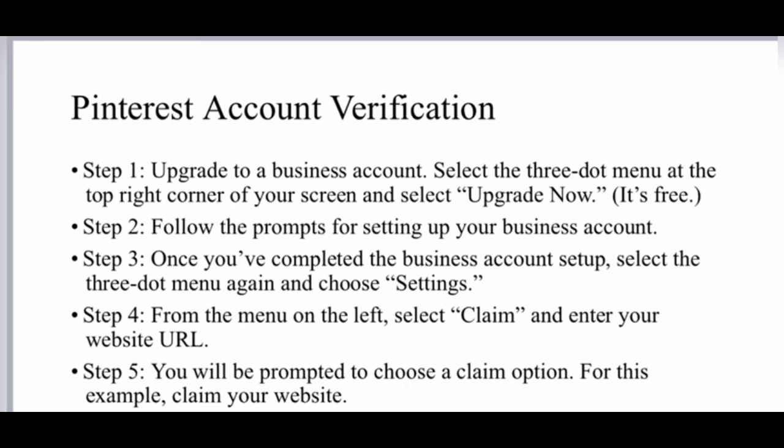From the menu on the left, select Claim and enter your website URL. Step 5. You will be prompted to choose a claim option. For this example, claim your website. Step 6. Add the HTML tag Pinterest gives you to your website's backend script area by copying and pasting it. This process will vary depending on what site you use to build your website.